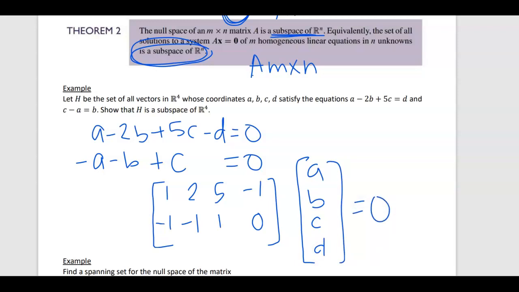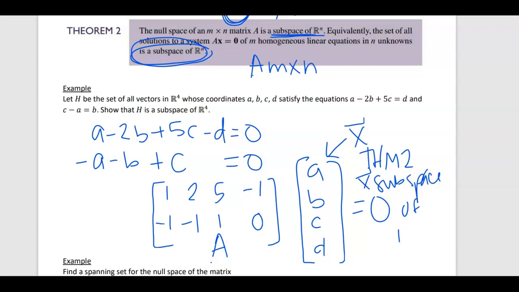And so x here, as this solution vector, is a solution to Ax equals 0. And so therefore, by this theorem, this must be a subspace of R4.